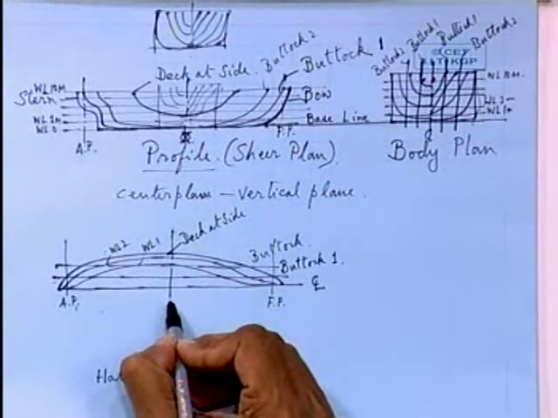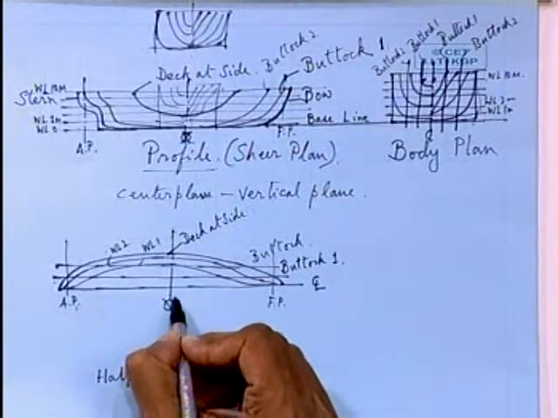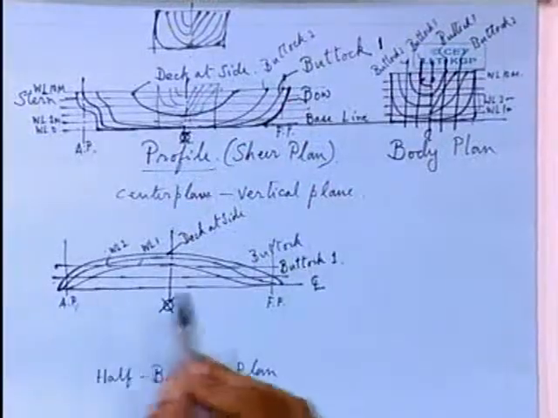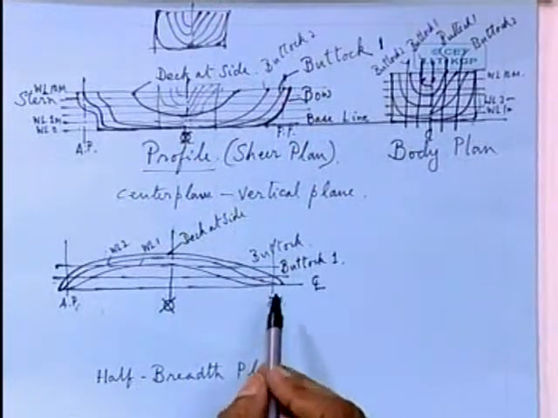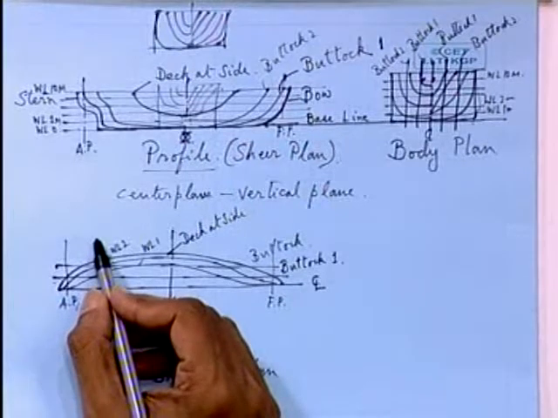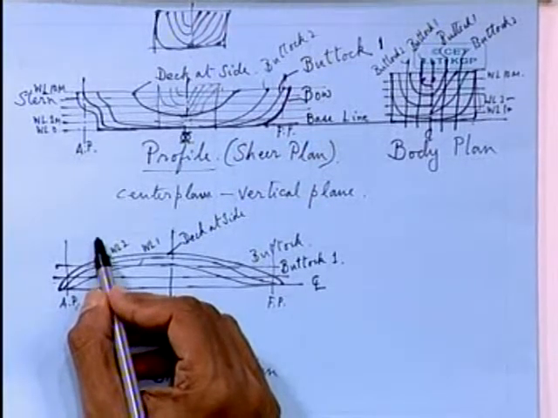So this is your midship section, right. Now in between the forward perpendicular and after perpendicular, the length between the AP and FP, you divide into a number of equal parts.